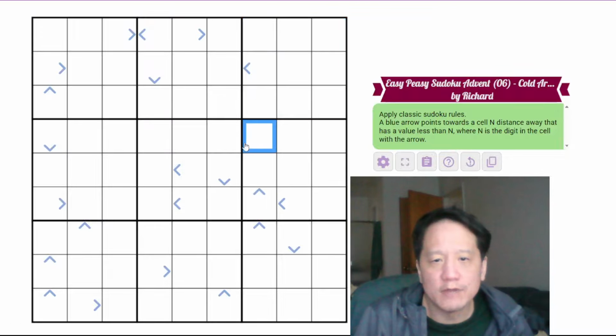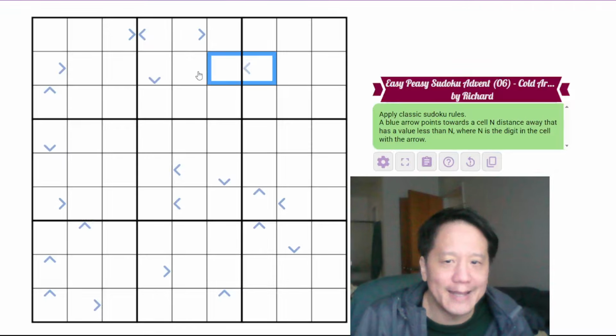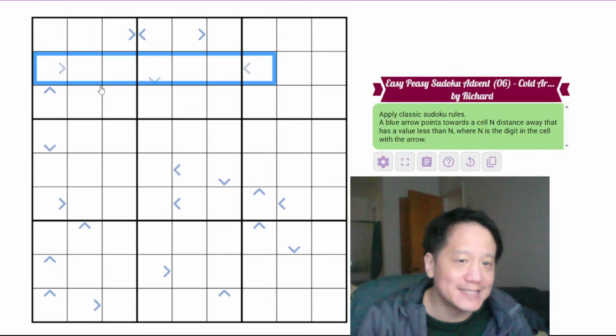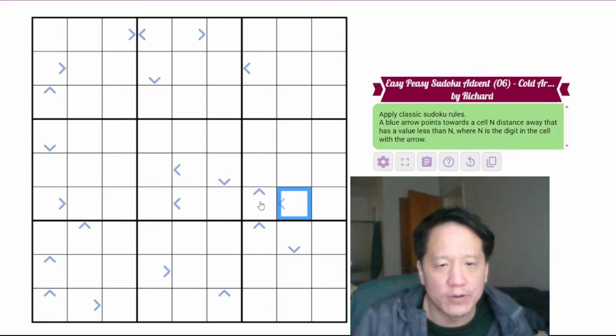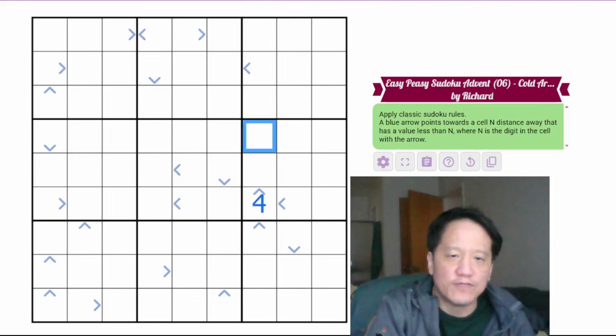We have a blue arrow that points toward a cell n distance away that has a value less than n, where n is the digit in the cell with the arrow. So for example, say this was a 4.